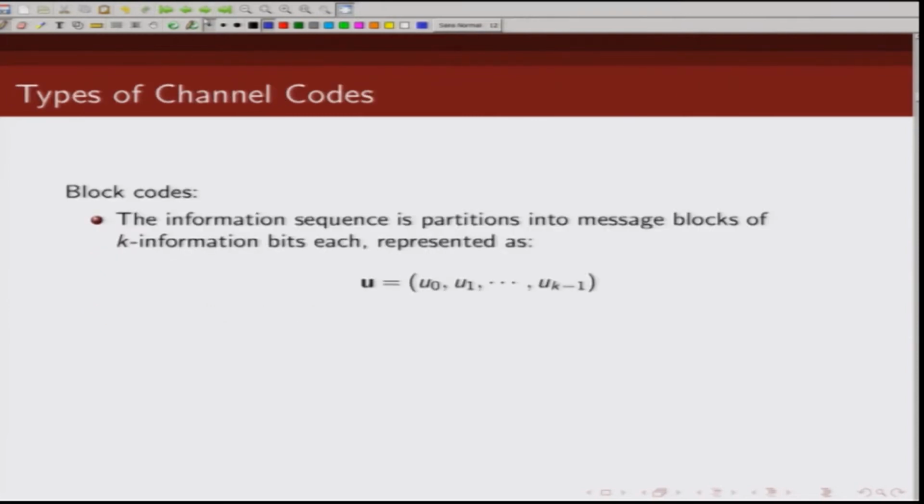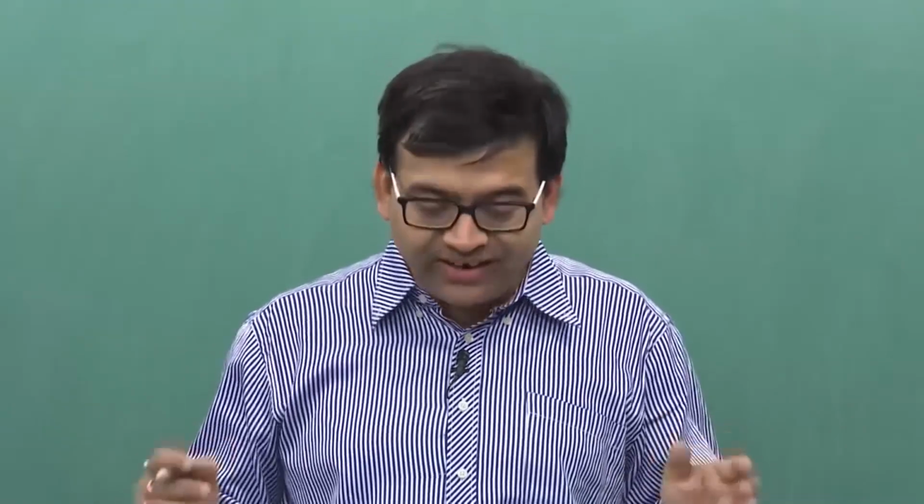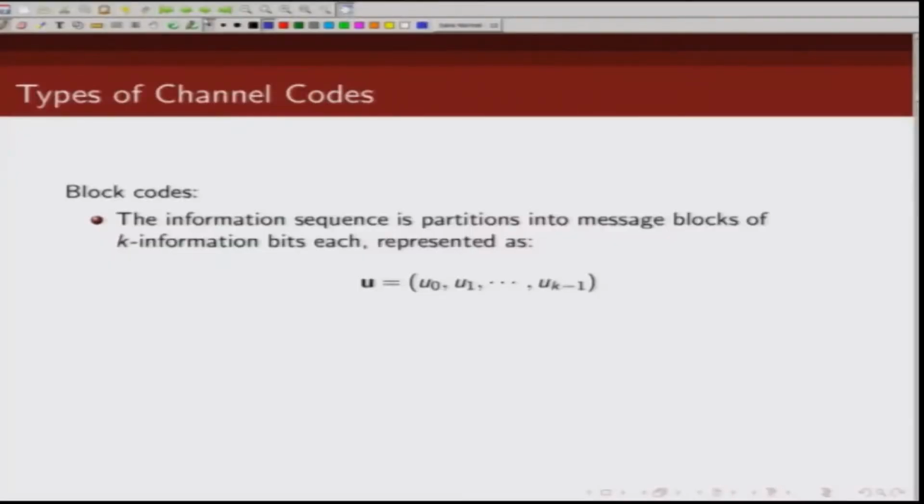So, we will start with block codes. As the name suggests, in block codes we take a block of k bits and map it to an n bit code word. Our information sequence is parsed into blocks of k bits, and we take each block of k bits and map it to a block of n bits.